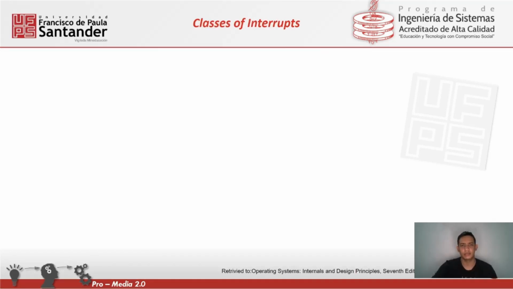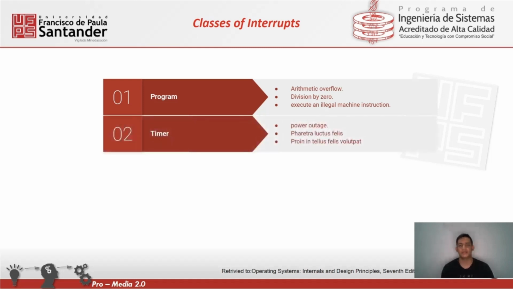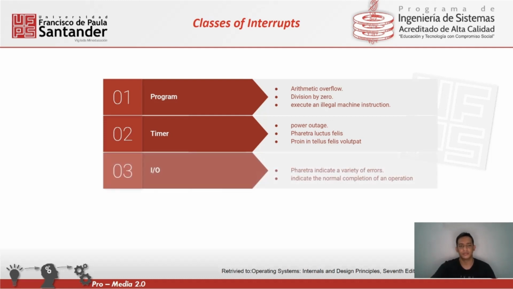Classes of interrupts. Program interruptions are due to unusual conditions. These are emergency signals that occur when something goes wrong, such as a mathematical error or attempts to do something prohibited on the computer. Timer interruption. These are scheduled reminders that allow the system to perform planned tasks at specific times.